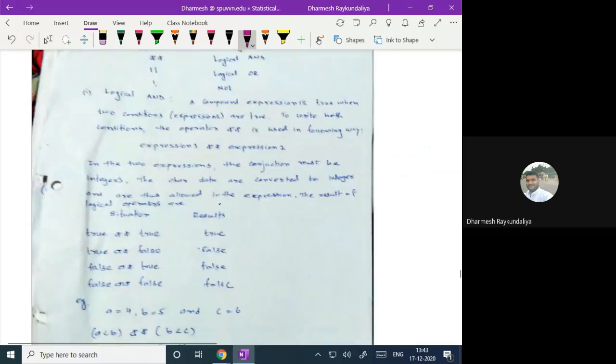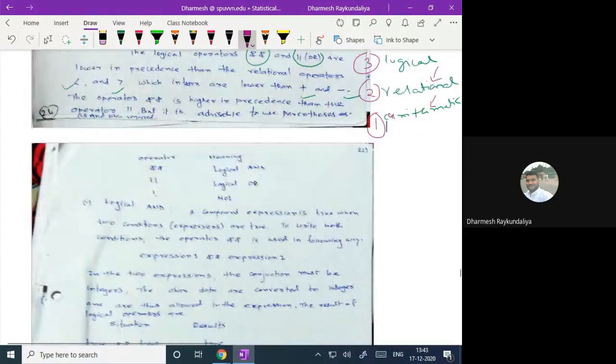But it is advisable to use parentheses. Again, if you have these two logical operators, logical AND and logical OR, which has the higher precedence? Logical AND has higher precedence than logical OR.